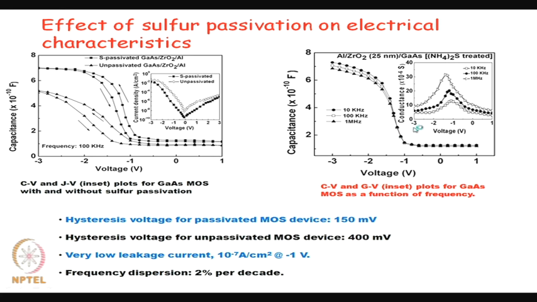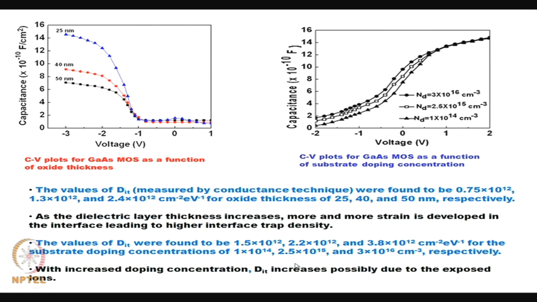The frequency dispersion, we have seen, is 2% per decade. Then the values of DIT, which is measured by the conductance technique, are obtained as 0.75 into 10 to the power 12 to 2.4 into 10 to the power 12, not very encouraging.